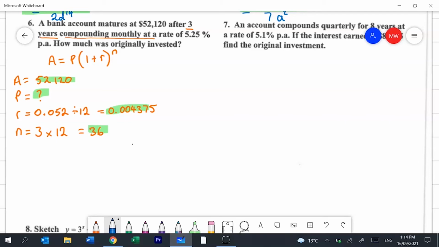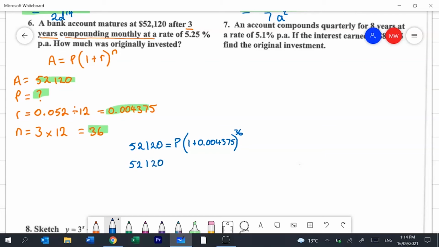So I've got an account balance of 52120, and that equals the principal, which is what I'm chasing, times 1 plus 0.004375 to the power of 36. And so I'm going to do a little bit of work with my calculator here.